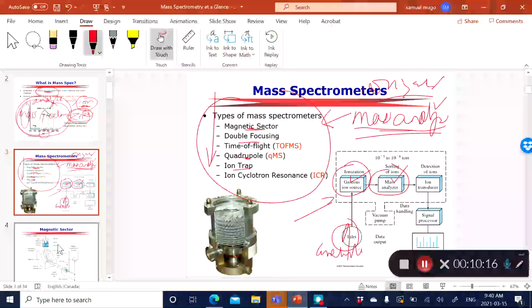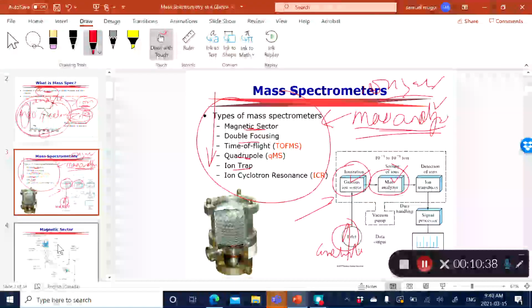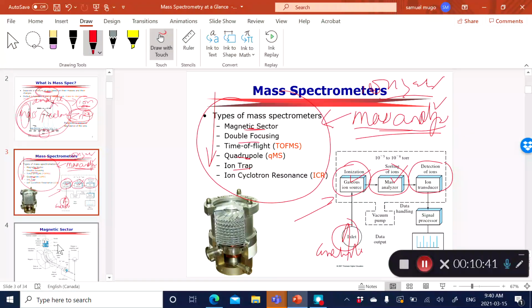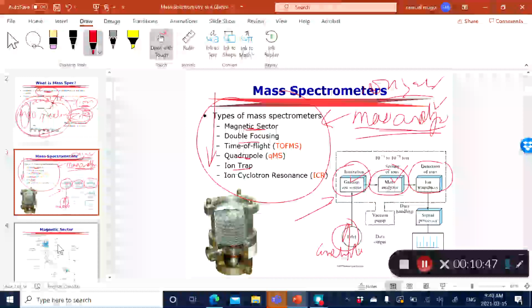Now, the other key component, obviously, after you have the mass analyzer, though we're going to talk a lot about how different mass analyzers work, the purpose of a mass analyzer really is to separate the ions based on their mass to charge, so that they can get to the detector at different times, so they can be differentiated by the detector.